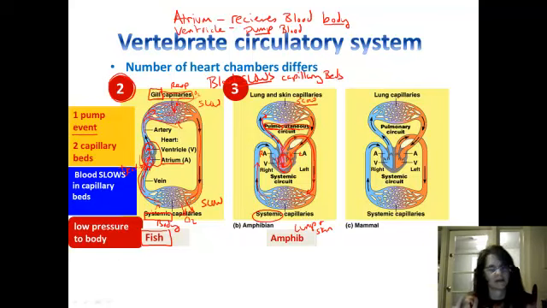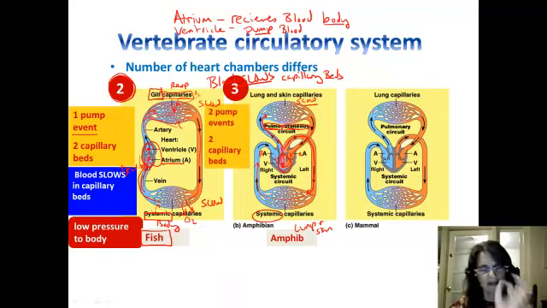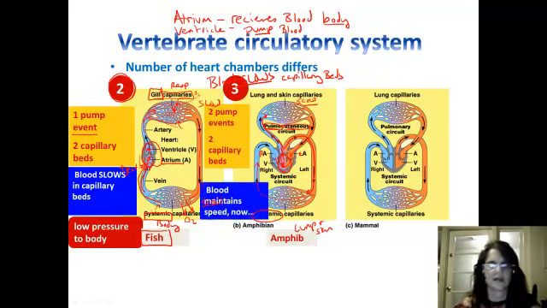and we are not going to get the most efficient blood flow we can because we're mixing some of those two blood types. It would be much more efficient if we could prevent our oxygen-rich blood from mixing with that oxygen-poor blood. Okay, so in this amphibian and reptile three-chambered heart, we have two pumping events that push us through two capillary beds, much more efficient.